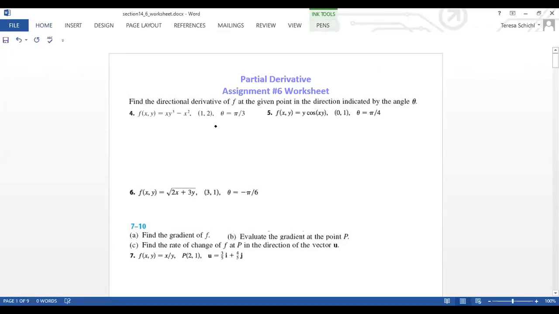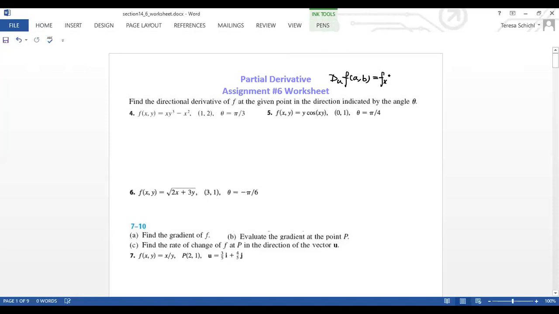So the first problem I'm going to show you is how to find the directional derivatives. So remember, what is the formula here?